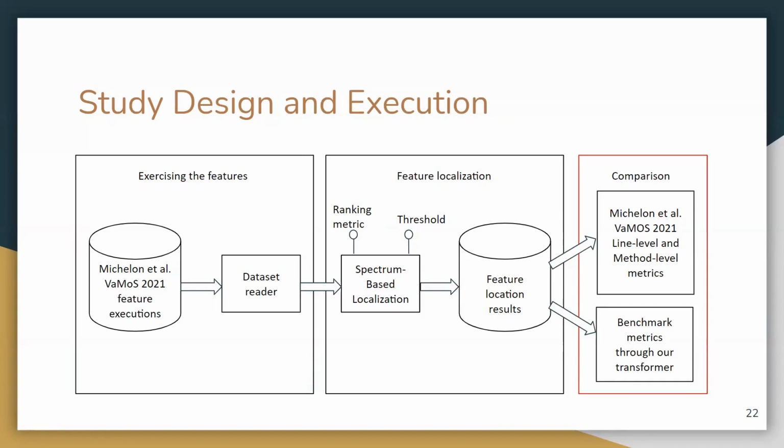In addition, Michelon et al. 2021 computed the benchmark metrics, similar to statement level. However, the execution traces granularity is at the line level, and the results are also based on lines of code. So it's not straightforward how to transform them to the convention established by the benchmark.